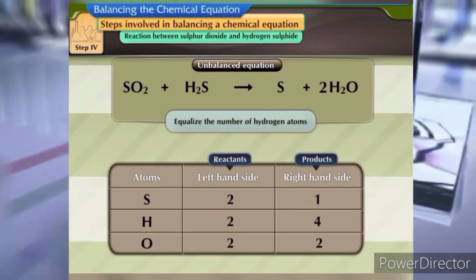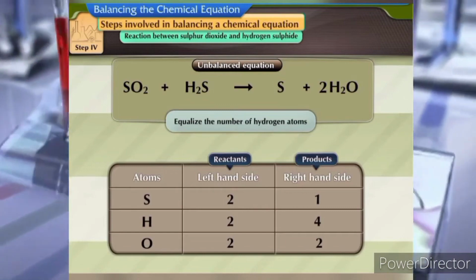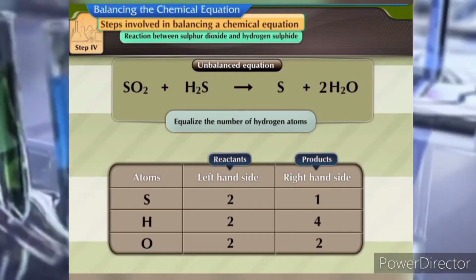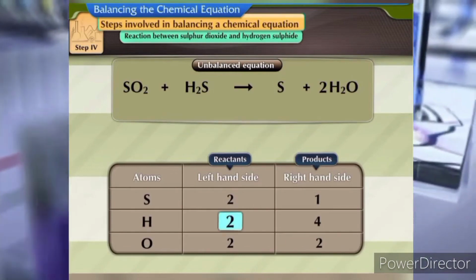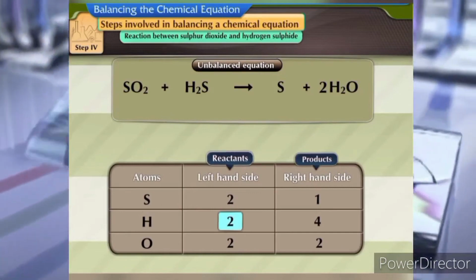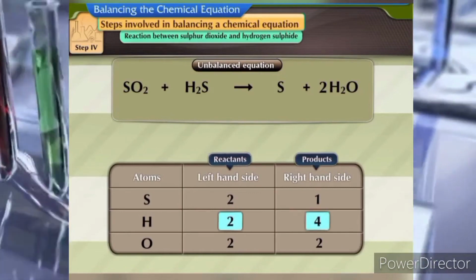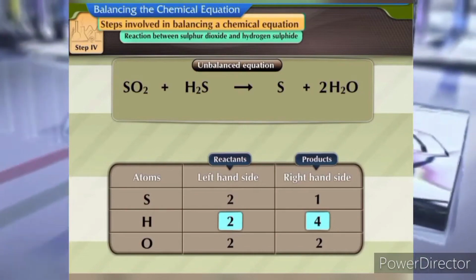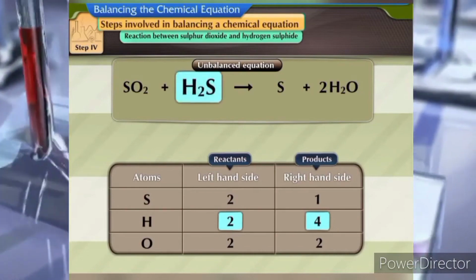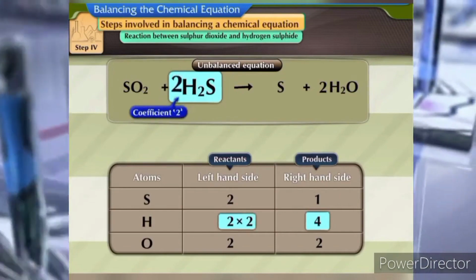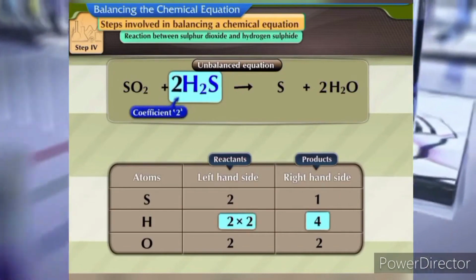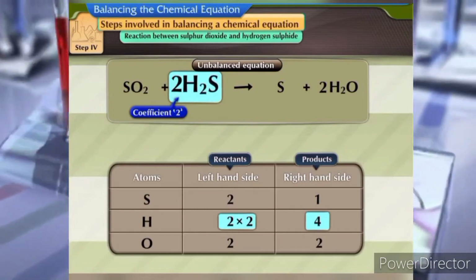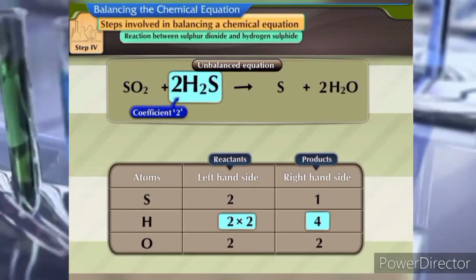Try and equalize the number of hydrogen atoms as we have done earlier using coefficients. There are two hydrogen atoms in the reactant side and four hydrogen atoms on the product side. The deficient side is therefore H2S. Put the coefficient 2 for H2S molecule in the reactant side to balance the hydrogen atoms.